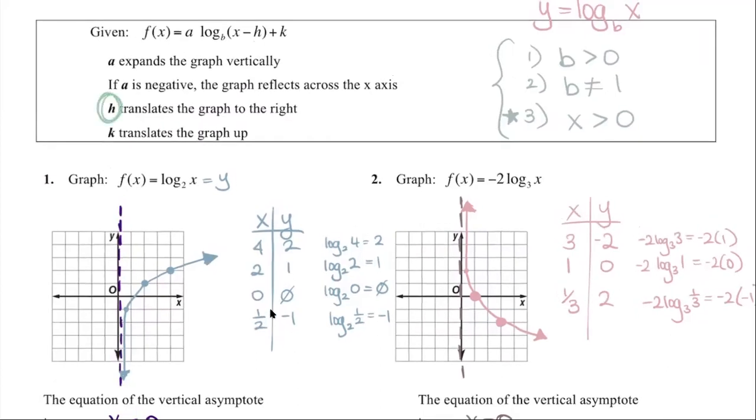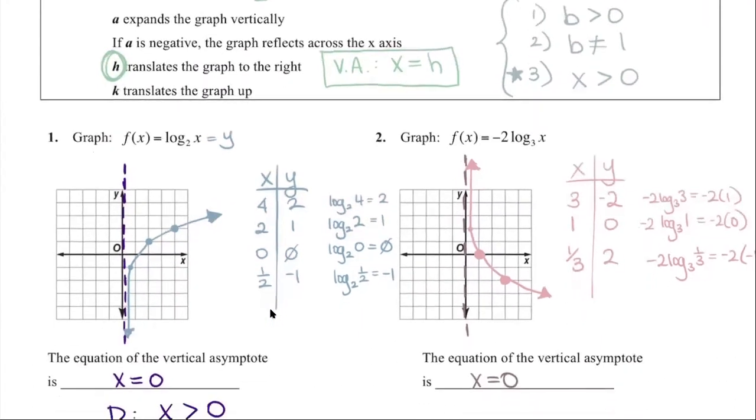So your vertical asymptote is always going to be x is equal to h. So if you like having that vertical asymptote done first and then plotting points to it, you can automatically do that.